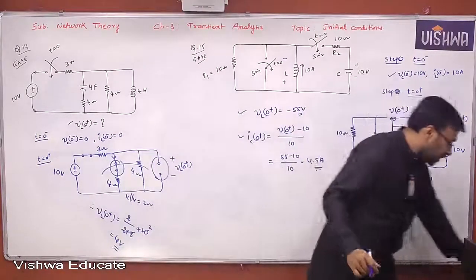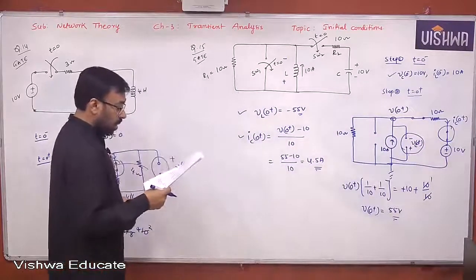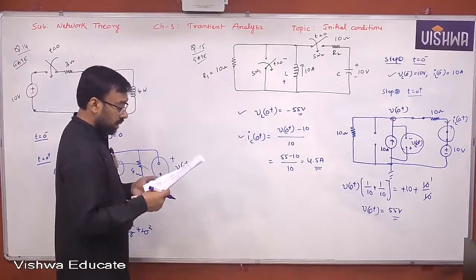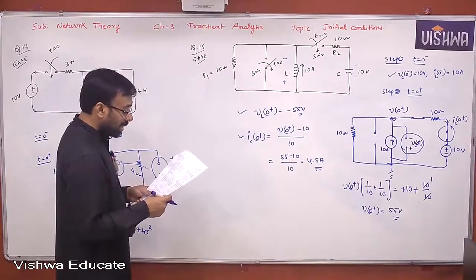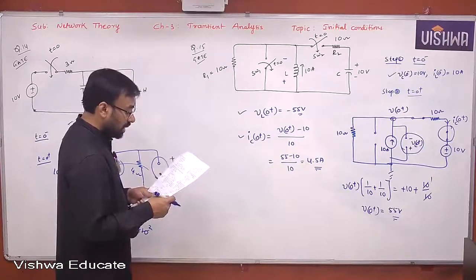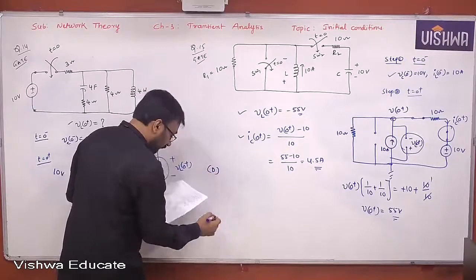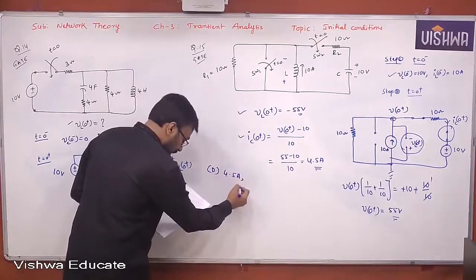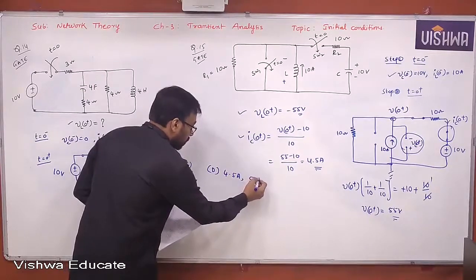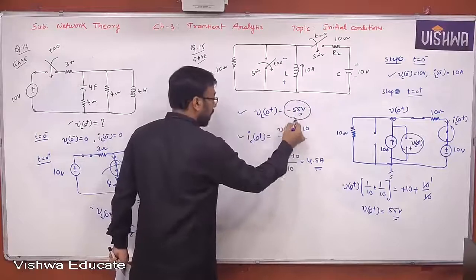But look at the options given. Option D, when you look at current through C and voltage across L at T equal to 0 plus, is given as 4.5 amperes, 55 volts. But look at this. What is the voltage across the inductor? Is it 55 or minus 55? Minus 55.